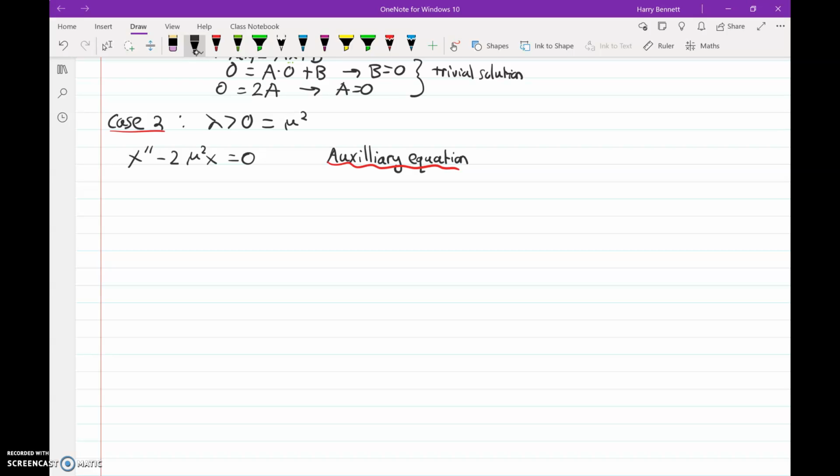So we introduce a new variable, s. And hence we find the solution is these two roots here.